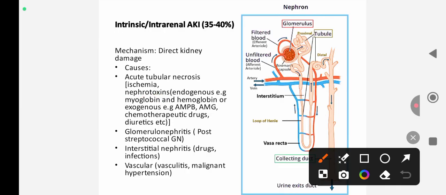Examples of things that are toxic to the nephron, they are endogenous. Some are produced by the body. Example is myoglobin and hemoglobin. So myoglobin is a product from the breakdown of the muscle, otherwise called rhabdomyolysis.